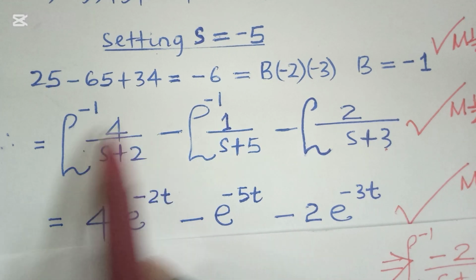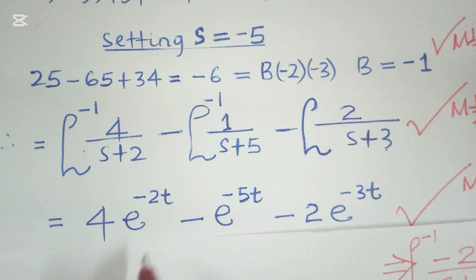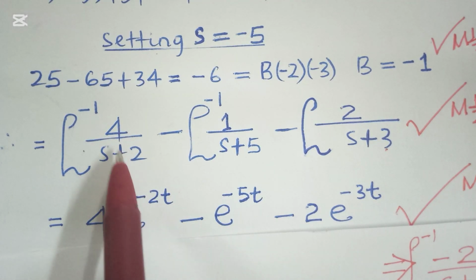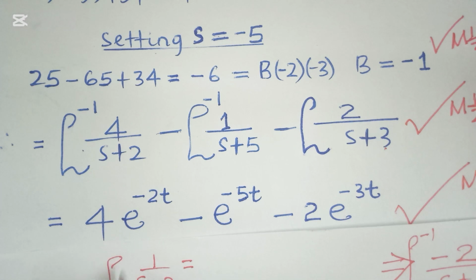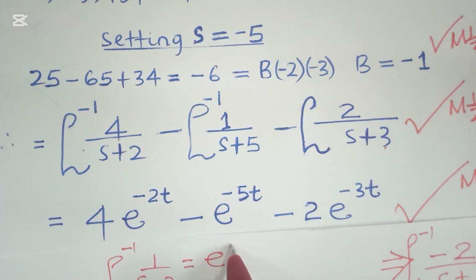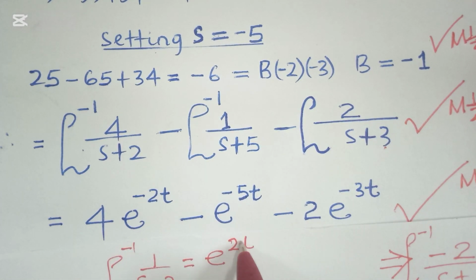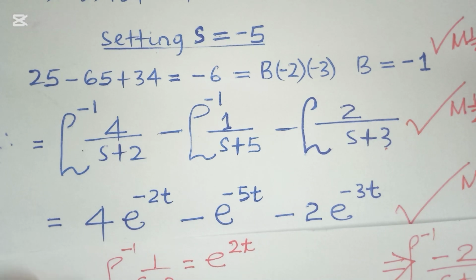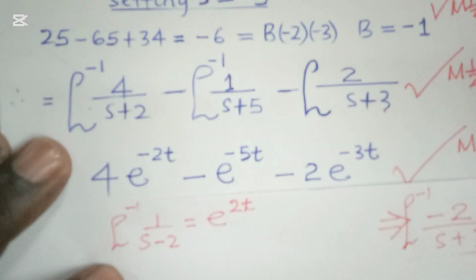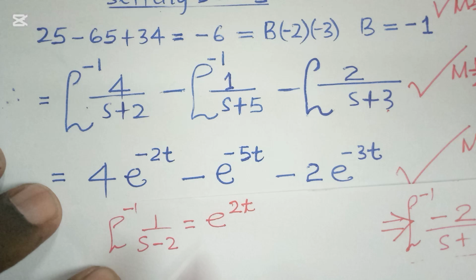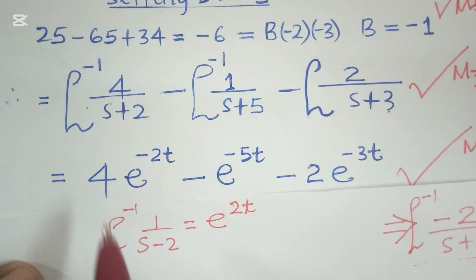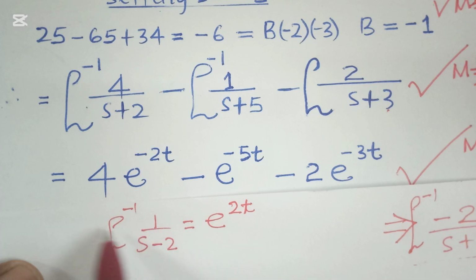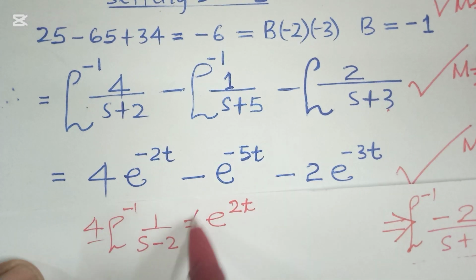Remember that the inverse Laplace of 1 over s minus 2 is given by e raised to 2t. So whenever it is negative here, it becomes plus, and when it is positive like this one, it becomes negative. And the constant, I can bring the 4 outside, so the constant will still be there.